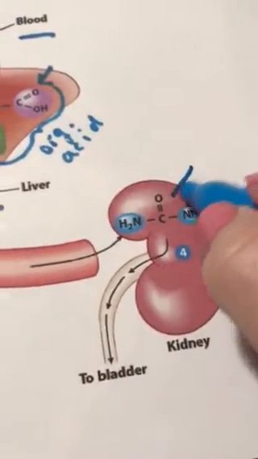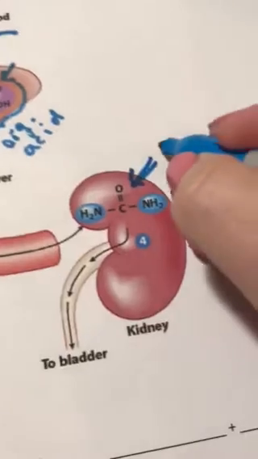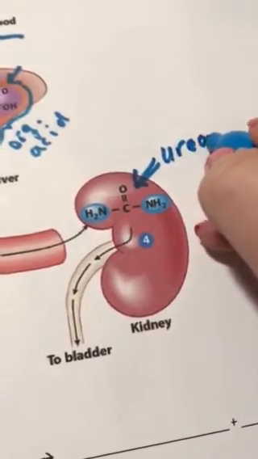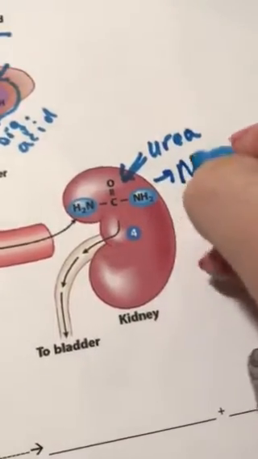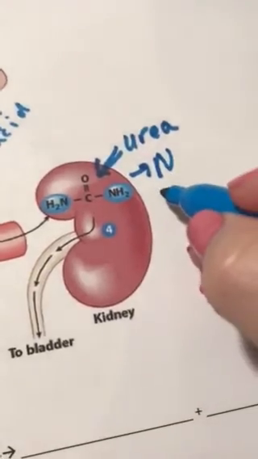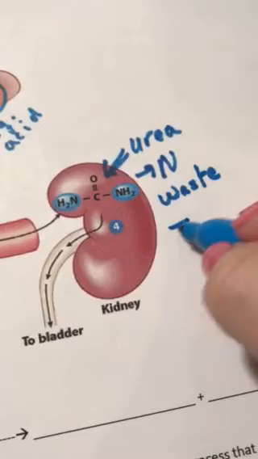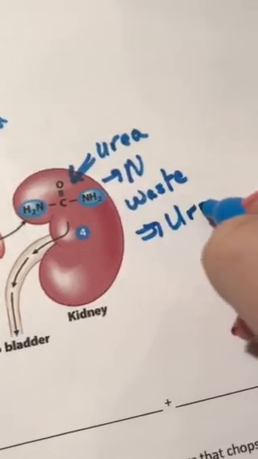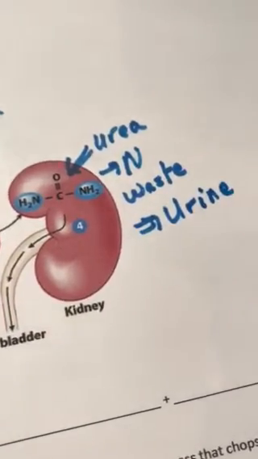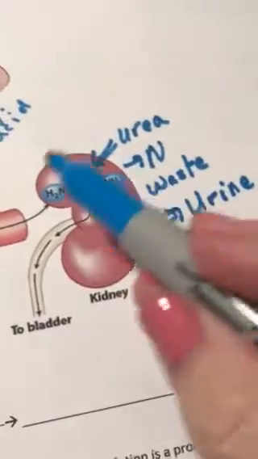So this is the urea again. There's our N for nitrogenous waste. It gets put into urine. It becomes a big component in urine. And so there's how we get rid of it.